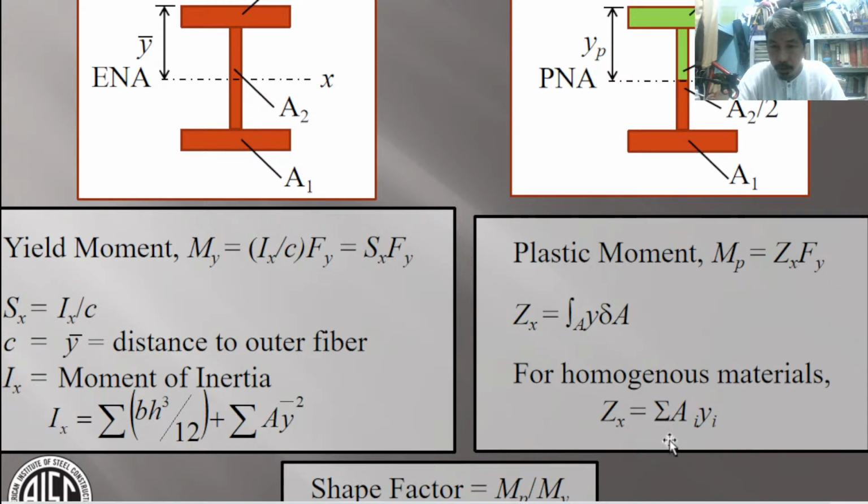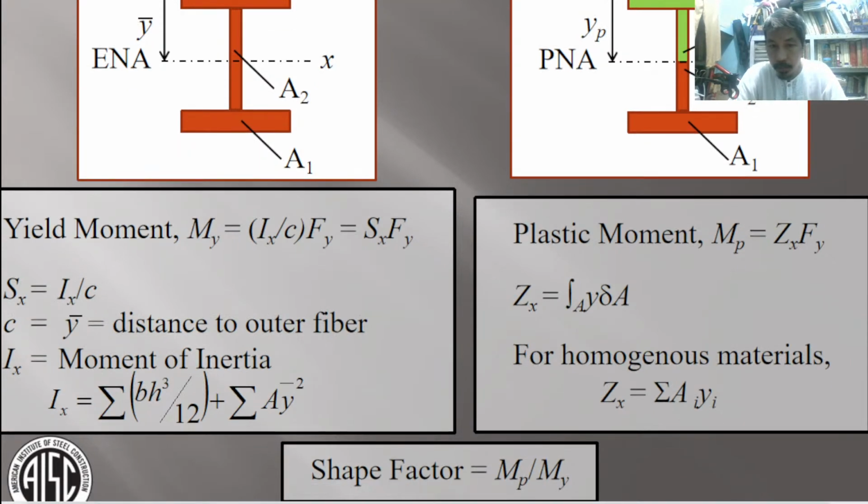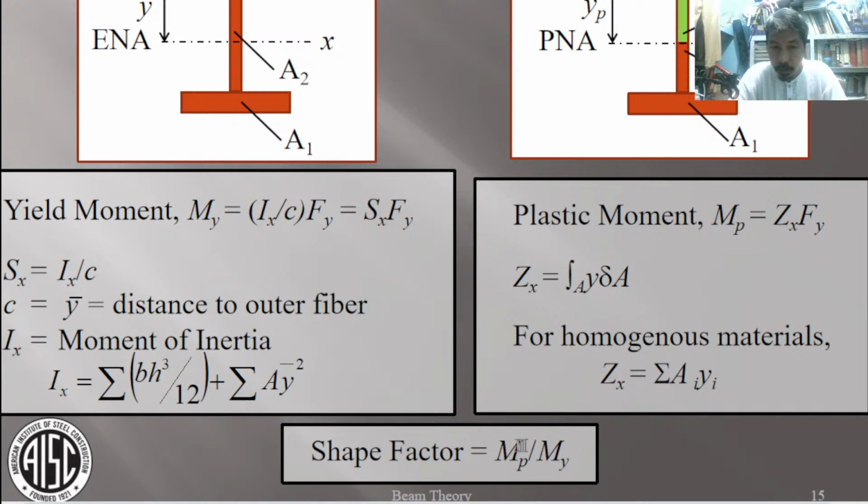We can also have the property shape factor, which is moment in plastic divided by moment in elastic. So you can see here, My is the denominator, Mp is Zx Fy. So Sx Fy, Zx Fy, the same formula, but now we are having the plastic section modulus.